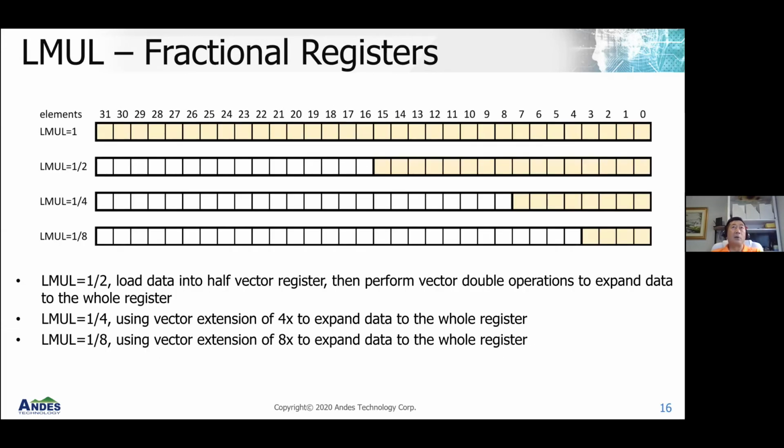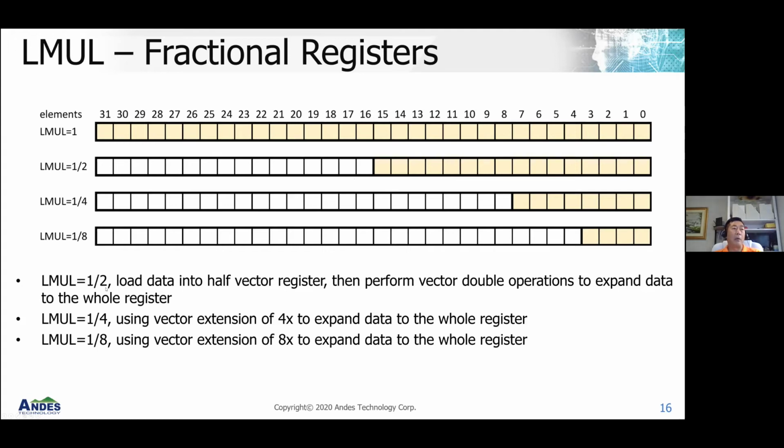So fractional registers, right? On the other hand, you can set the LMUL to be 1/2 or 1/4 or 1/8, and so only half of the elements here, only 16 elements, are valid. These elements are not valid at all.